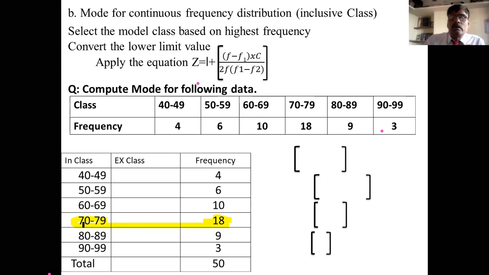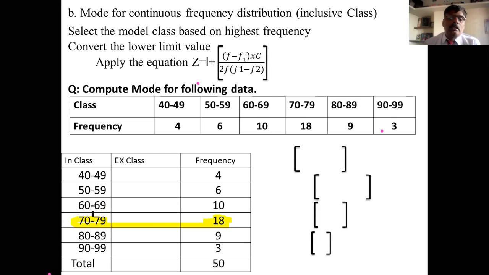You may convert this 70 class only and solve the problem, no problem. 69 plus 70 is 139. 139 divided by 2 is 69.5.